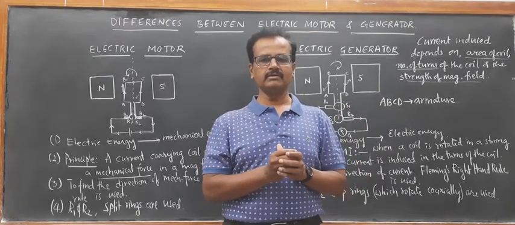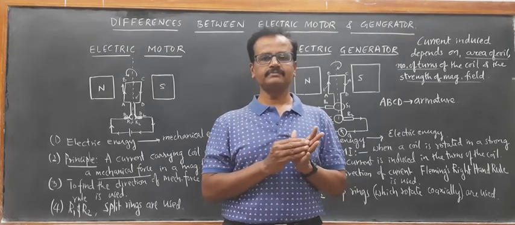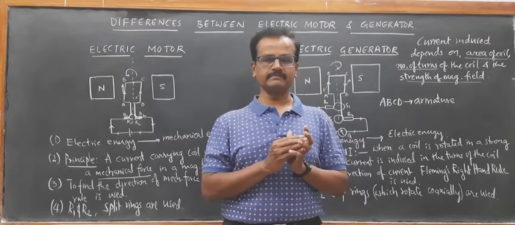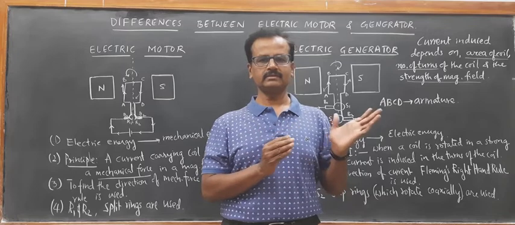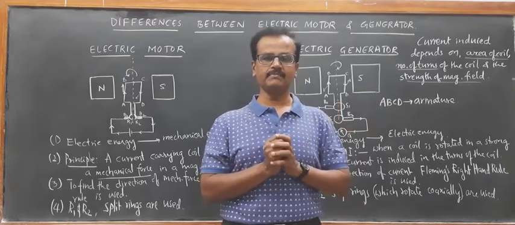For example, Bijapur is getting the current from the thermal power station at Shaktinagar, the Raichur thermal power station. Raichur is about 200 or 250 kilometers from our Bijapur city.